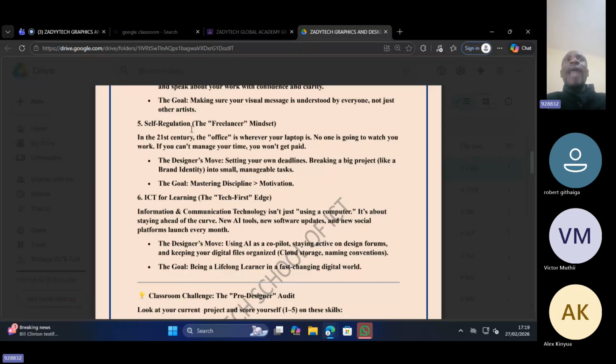Using ICT for learning, you learn how different designers are designing and how they are handling their challenges. You learn from others through ICT, and how new products are being released to the market, for example in this AI global economy.